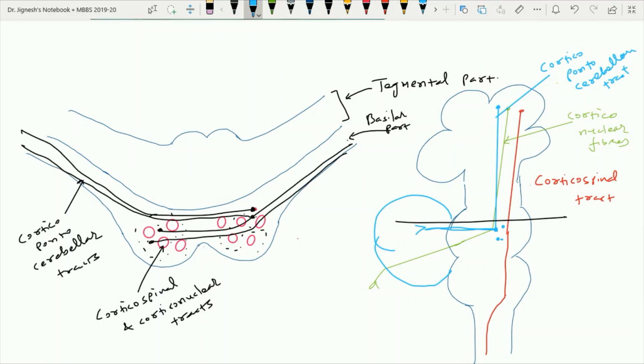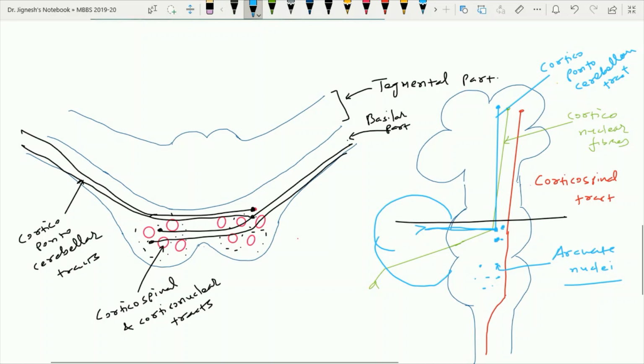Sometimes this pontine nuclei may be displaced to the medulla oblongata, and when this happens, these nuclei within the medulla oblongata are called arcuate nuclei. The fibers from the cortex to the arcuate nuclei to the cerebellum are called cortico-arcuatocerebellar tracts.